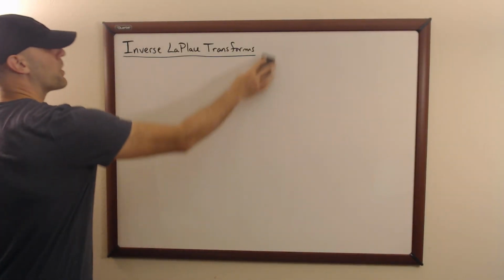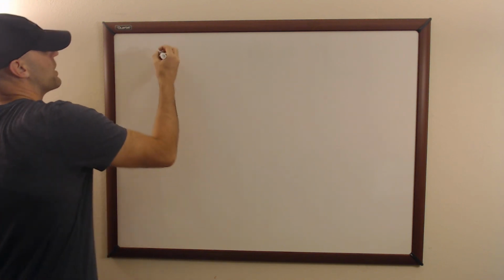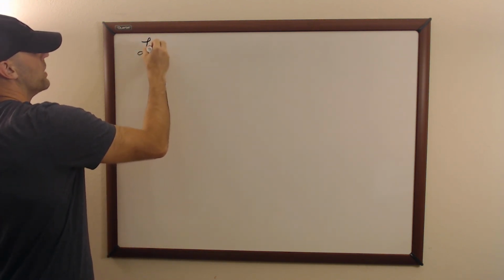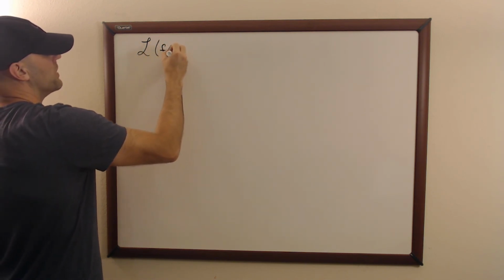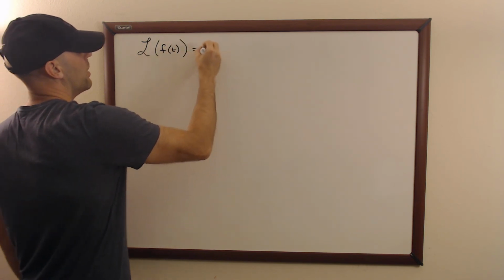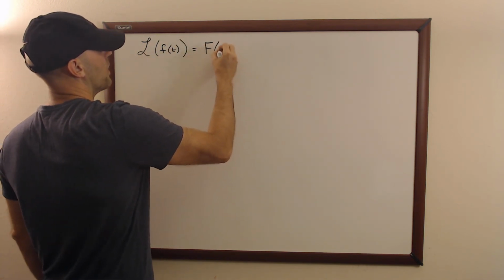Okay? So let's talk about how this is going to work. Predominantly we're going to do this by formula, right? What we have is this linear transformation, our Laplace transform, which is basically mapping some function in t, and giving us another function in s.